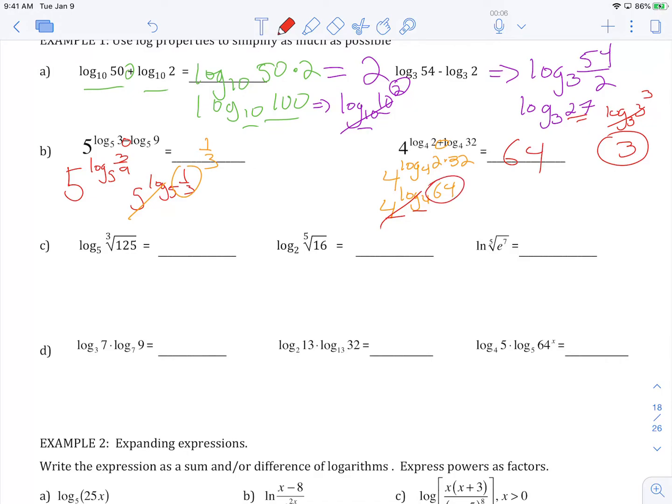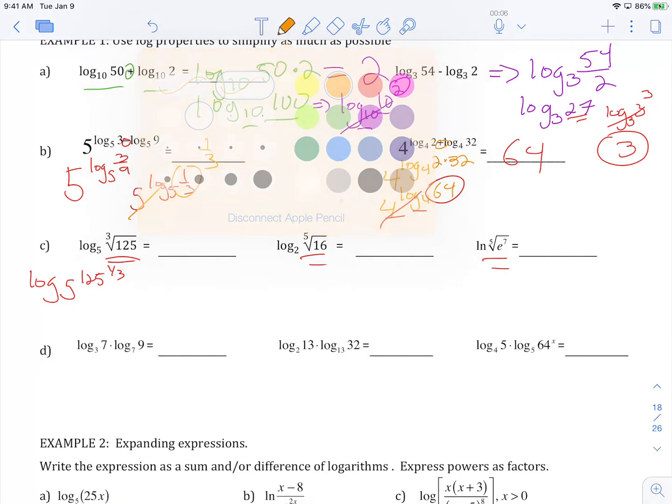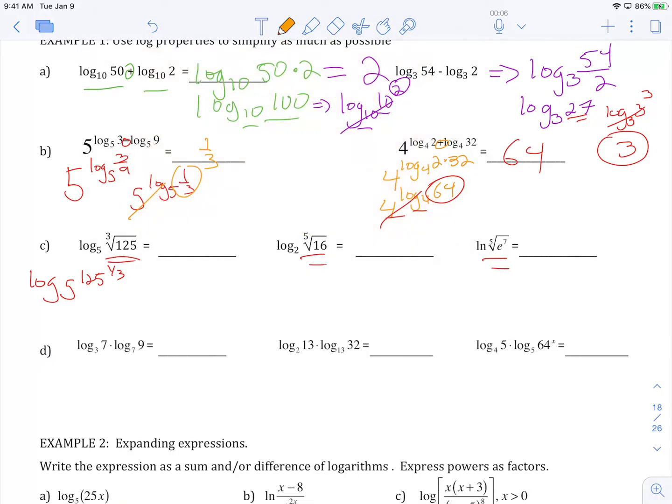Okay, now to make life easier when we have radicals, as we do in these next 3 problems, it's great if we can rewrite this as an exponent. So instead of saying the cube root of 125, we could say it's log base 5 of 125 to the 1/3 power. Now there's a lot of ways you can go around doing this problem.